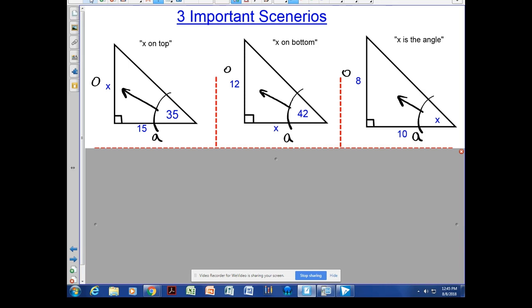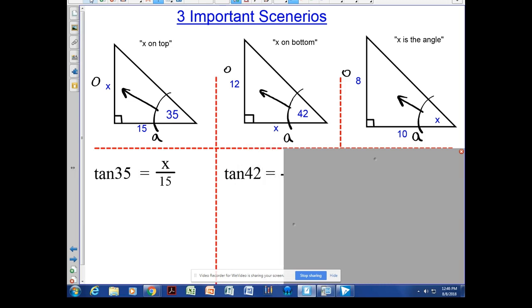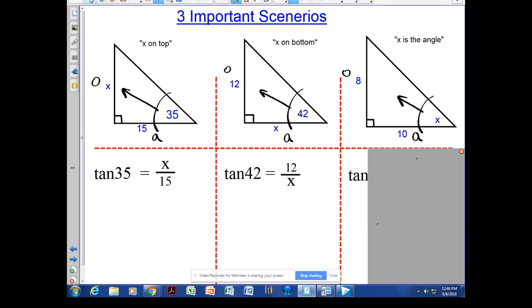And if you set these up, the first one should be the tan of 35 is equal to x over 15. The second one should have been the tan of 42 is equal to 12 over x. And finally, the last one is the tan of x is equal to 8 over 10.